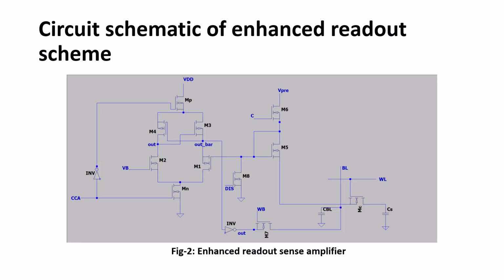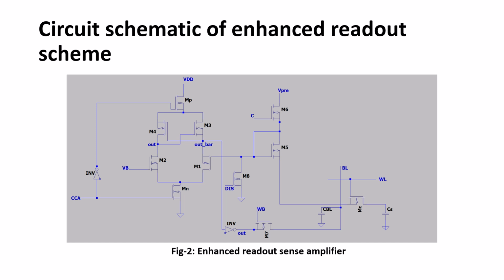So next let us go to the circuit schematic of this enhanced readout scheme, which is a modified form of the conventional DRAM cell. Let us understand what difference this circuit creates with respect to the previous circuit.